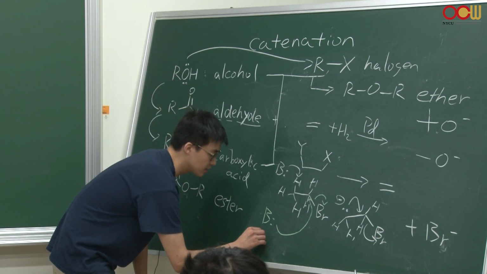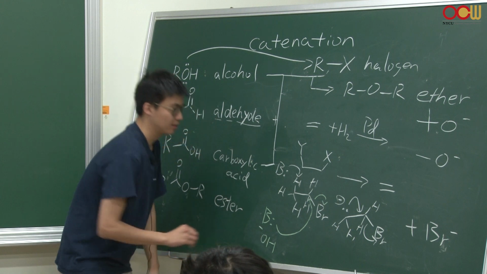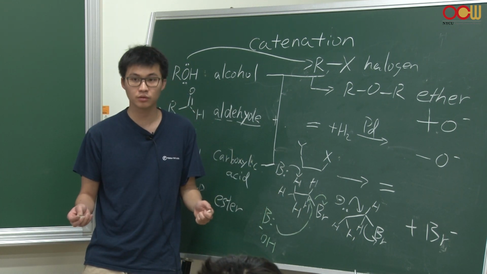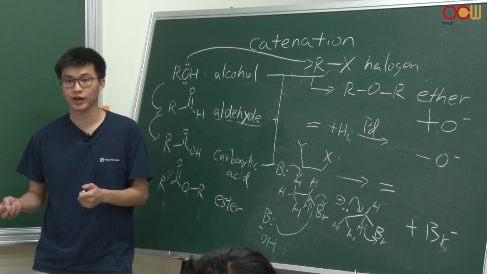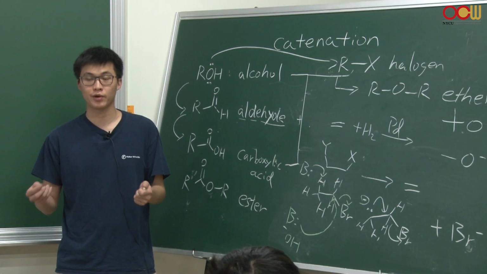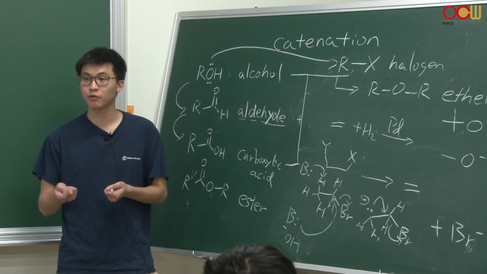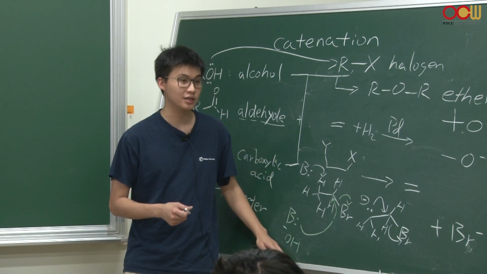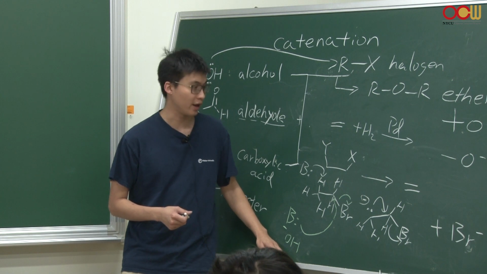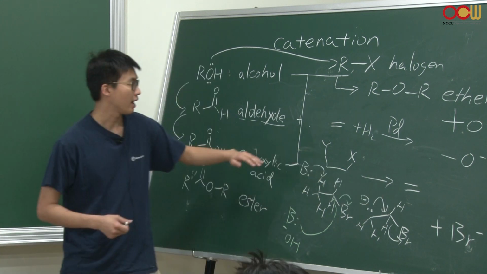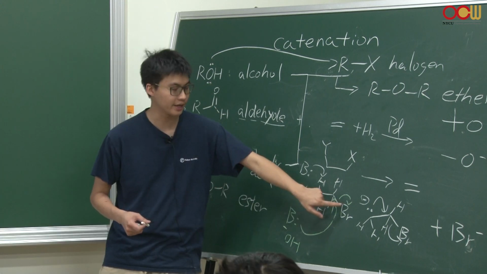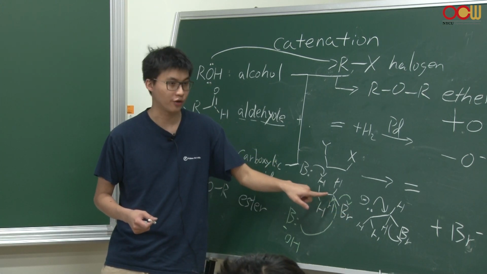If this base is a hydroxide, when you're doing this reaction, both reaction mechanisms are feasible. You really have to look at the activation energy and the heat of reaction. So there will be competing reactions. When we treat ethyl bromide with hydroxide, you will generate both ethylene and ethanol, ethyl alcohol, because you're kicking this bromide out and generating alcohol.